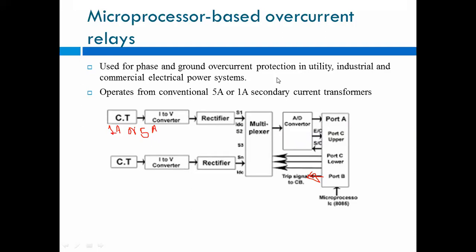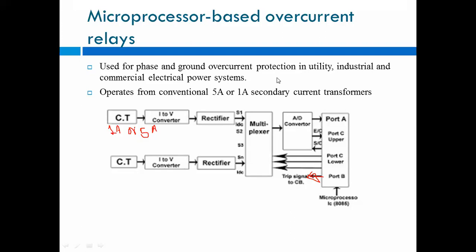It has some disadvantages, which is why it is not mostly used for practical purposes. Nowadays, we are using the numerical overcurrent relays. That experiment is only for your study purpose.